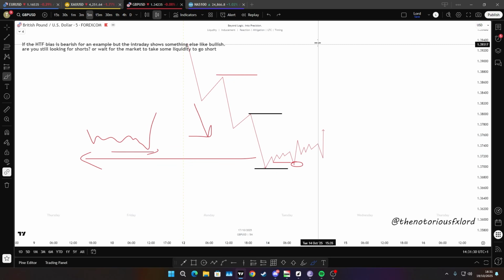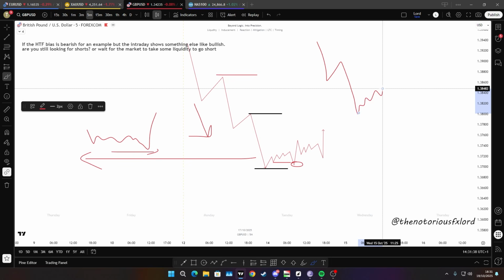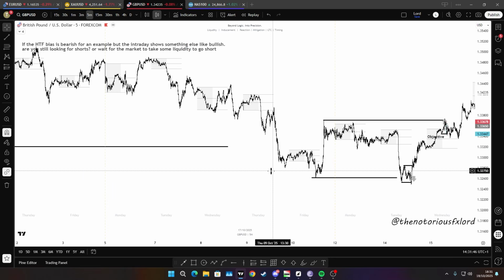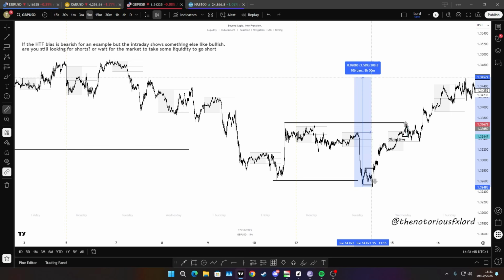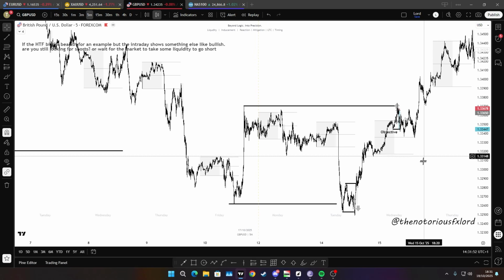And it's the same thing. If a higher time frame is bearish and it needs to reverse, first the lowest time frame tends to change into a bullish narrative, and then the higher time frame changes following that lower time frame. So we have something valid that is responsible for pushing the price higher.